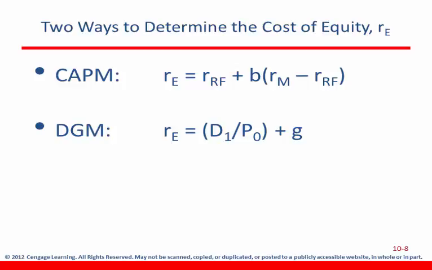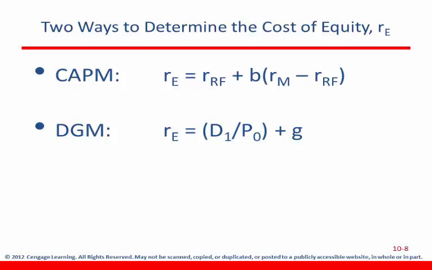Then you've got the dividend growth model. The current price is equal to D1 over R minus G, where you can rearrange that for R, and in this case that R would be your R subscript E, or your cost of equity. That would be equal to the dividend yield plus the capital gains yield, so here you've got D1 over P0 plus G.